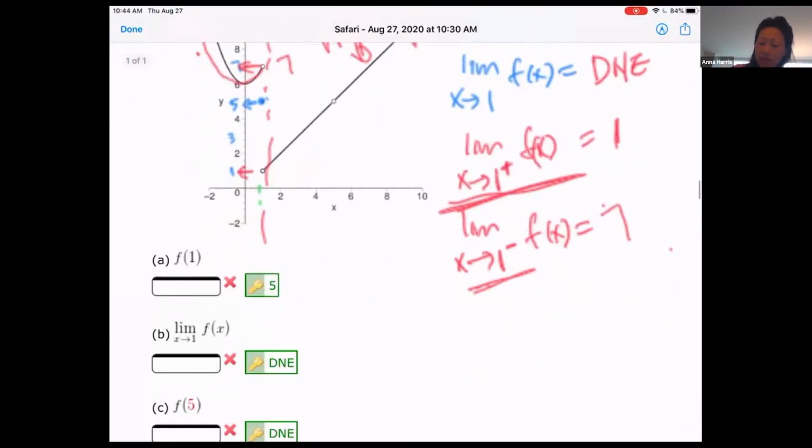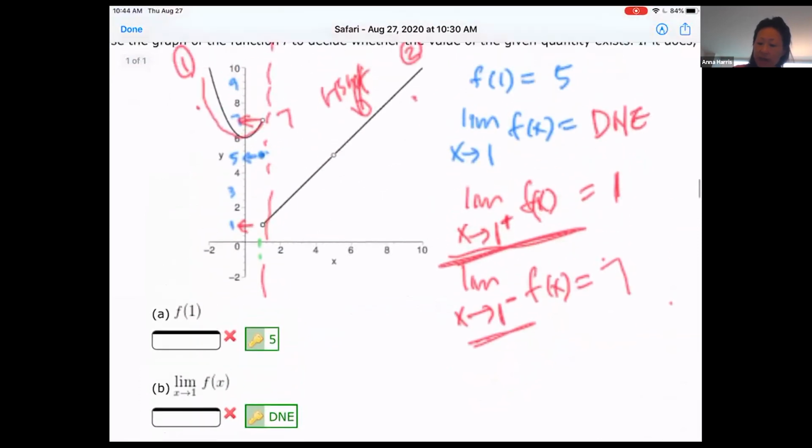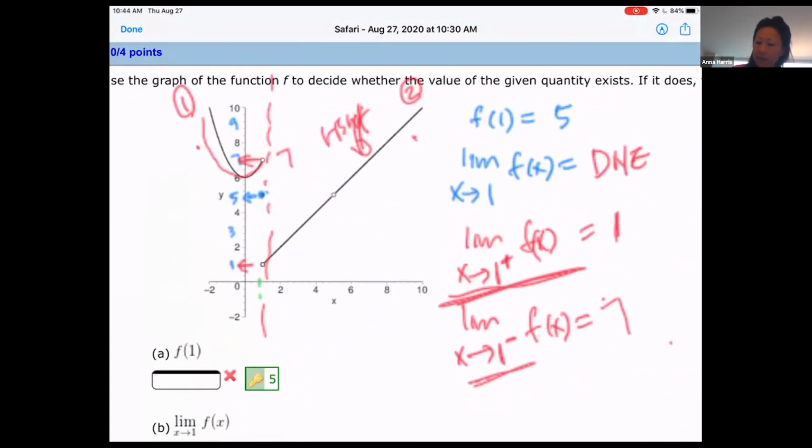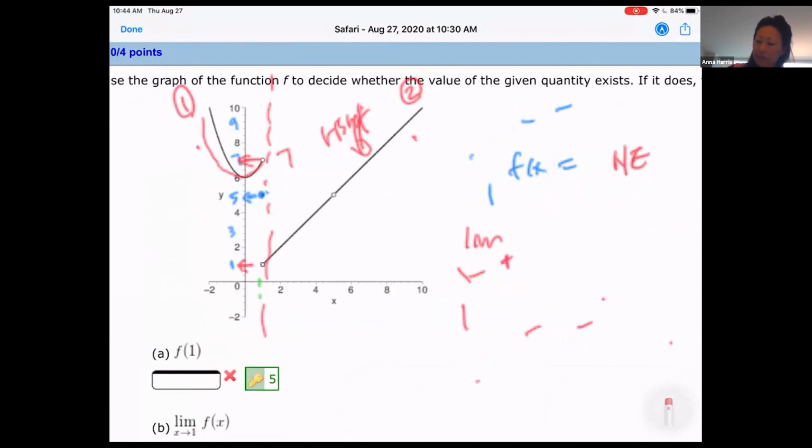Okay, what's the next one? I want to know f of 5. Okay, let me erase this so we can do f of 5. Okay, now.